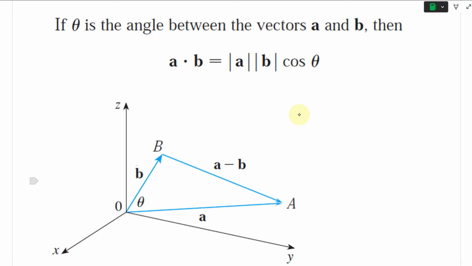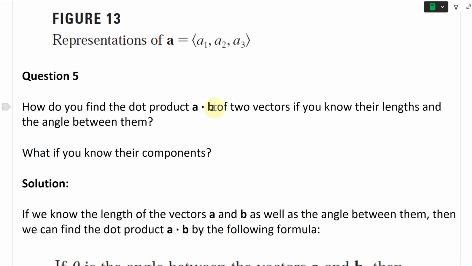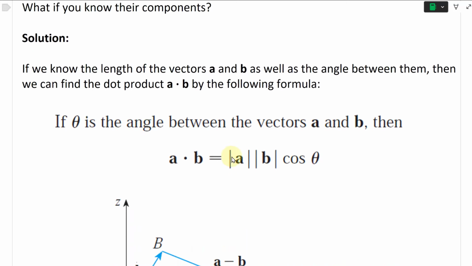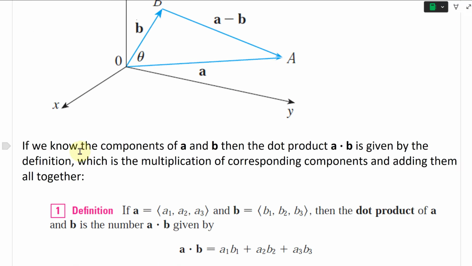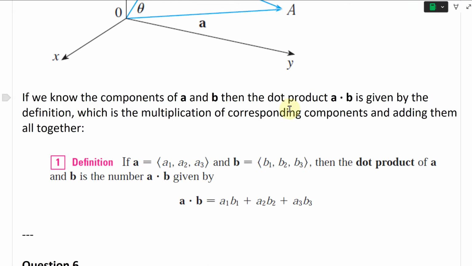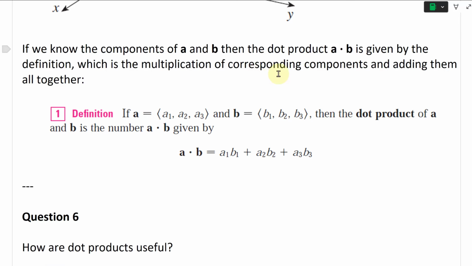So if you know the lengths and the angle between them, you just use this formula. And if we know the components, we can just use the definition. If we know the components of the A and B vectors, then the dot product A dot B is given by the definition, which is the multiplication of corresponding components and adding them all together.